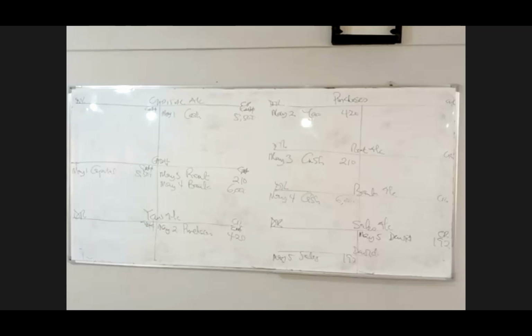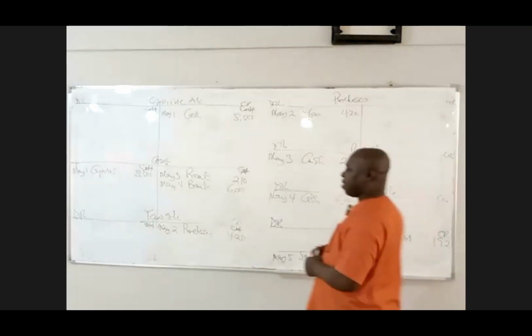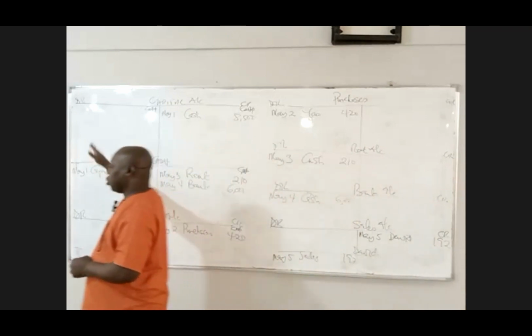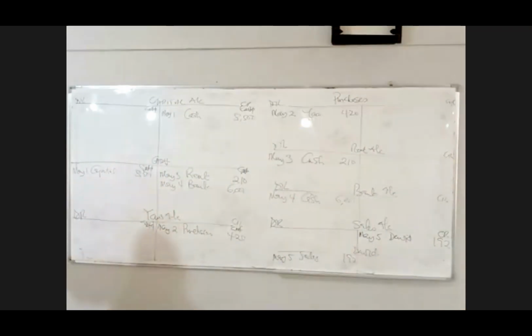So if you are preparing an account, you bought, let's say, a motor vehicle, it must be specific. In fact, some organizations even go to the extent of opening accounts for individual vehicles, since we have different brands, Toyota, Nissan, and so on.